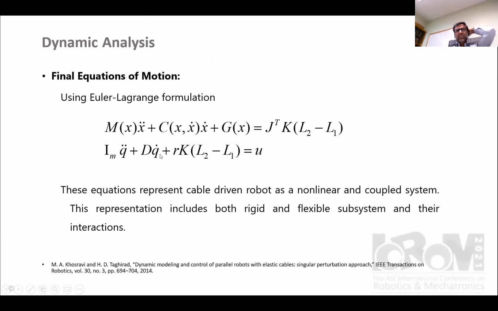It's worthy to note that these equations are formed in two spaces, in task space and in the cable length space, and these equations are related to each other by the Jacobian transpose. These equations can be transformed to a standard model of singular perturbation theory, and based on singular perturbation theory, we can design an appropriate control to reduce the vibration of this system.